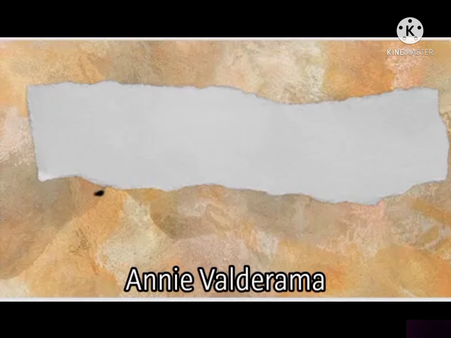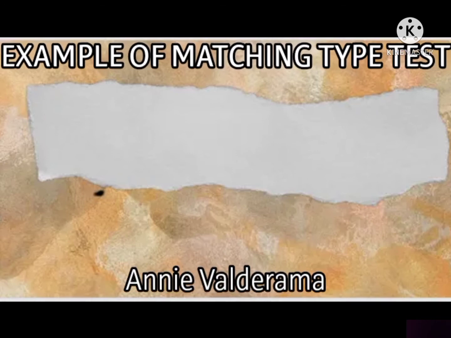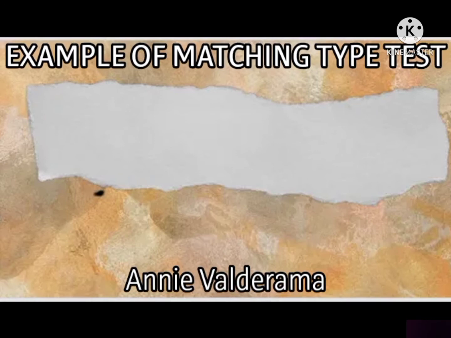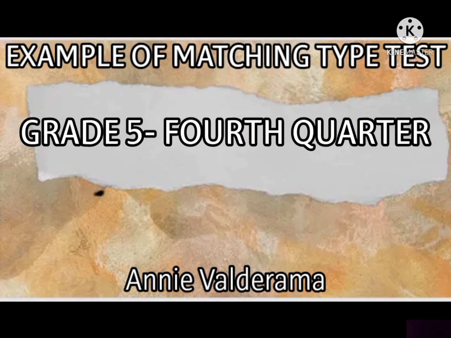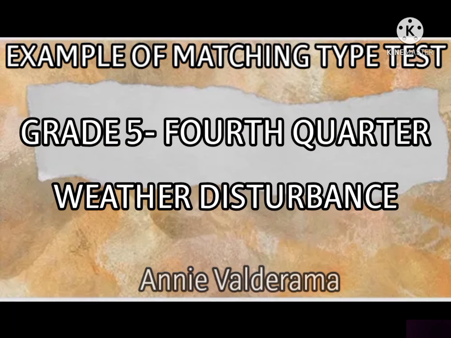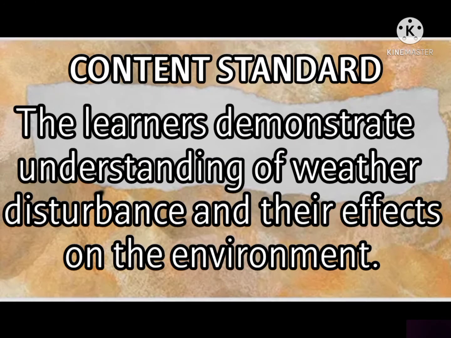For the second example, may I call Annie Valderama to discuss this. Thanks to you, Roselyn. I'm Annie Valderama and I'll discuss the example of matching type test, grade 5, fourth quarter about weather disturbance. Content standards. The learners demonstrate understanding of weather disturbance and their effect on the environment.